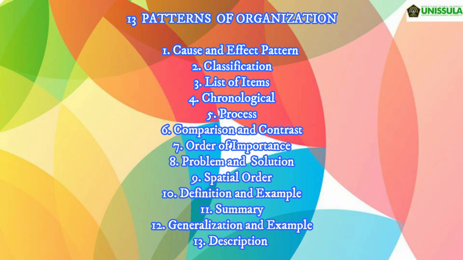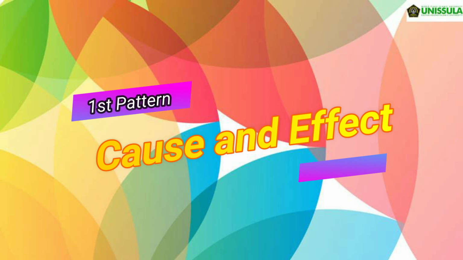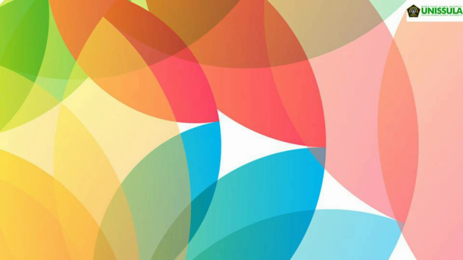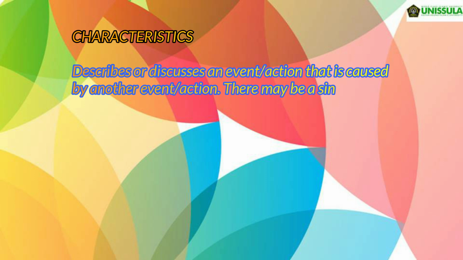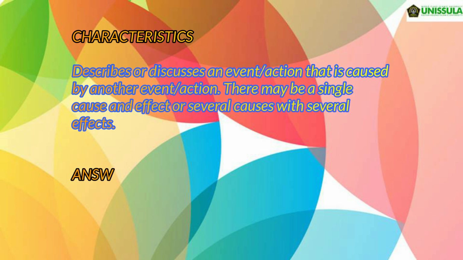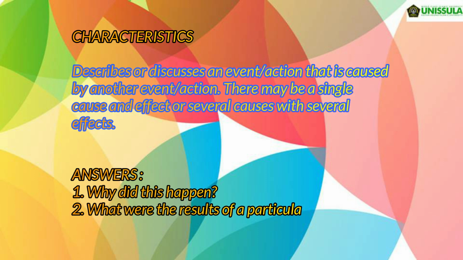Okay, one is the cause and effect pattern of organization. The characteristic of this pattern describes or discusses an event or action that is caused by another event or action. There may be a single cause, an event, or several causes with several effects.